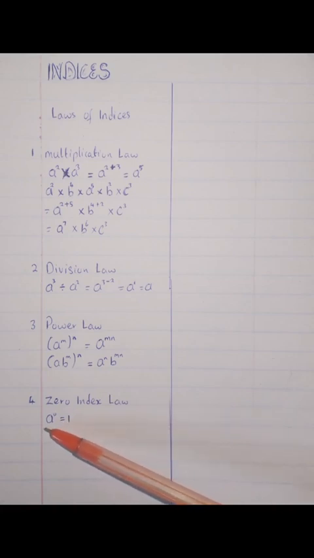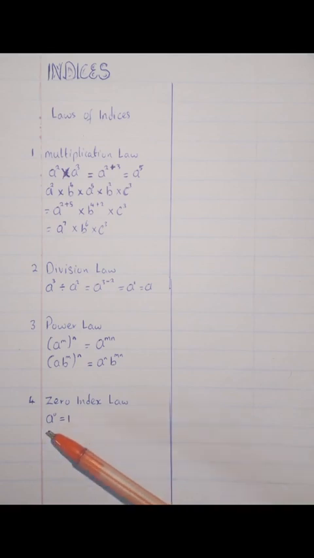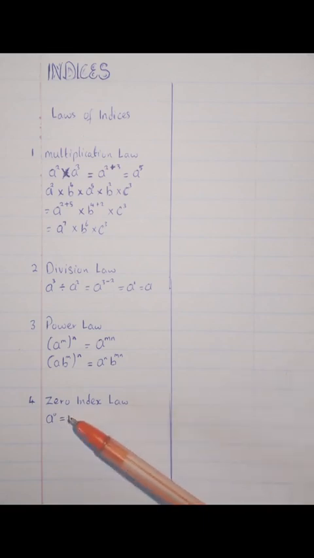If a is not equal to 0, then this law stands, but if a is equal to 0, this law cannot stand. So as long as a is any other number apart from 0, this law stands. So 8 to the power of 0 is equal to 1, 9 to the power of 0 is equal to 1, 10 to the power of 0 is equal to 1.